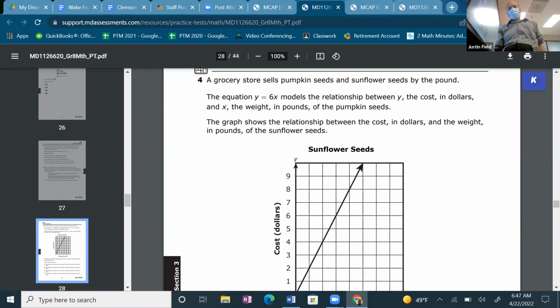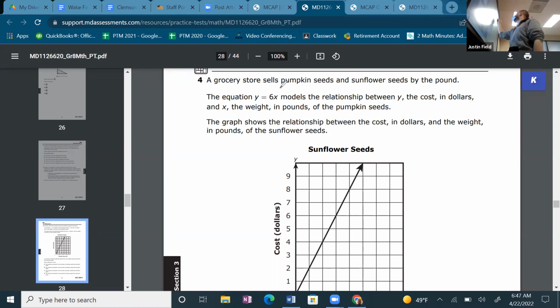A grocery store sells pumpkin seeds and sunflower seeds by the pound. Underline that. Two types of seeds. Okay, so this is about sunflower seeds. So where's the pumpkin graph? The equation y equals 6x models the relationship between y, the cost, and x, the weight of, oh, we don't get a pumpkin graph.